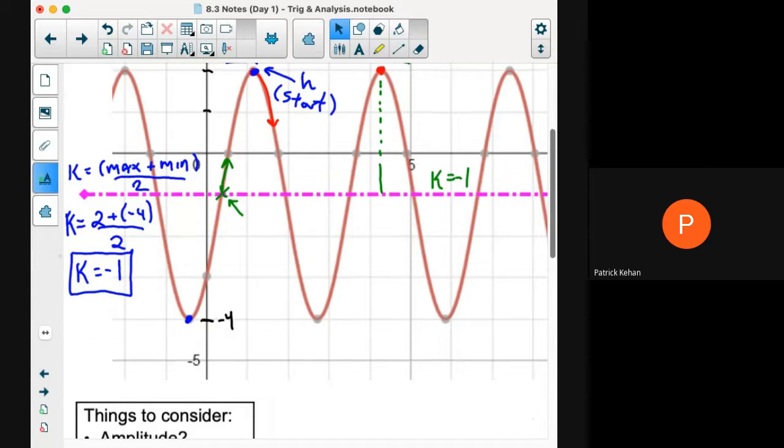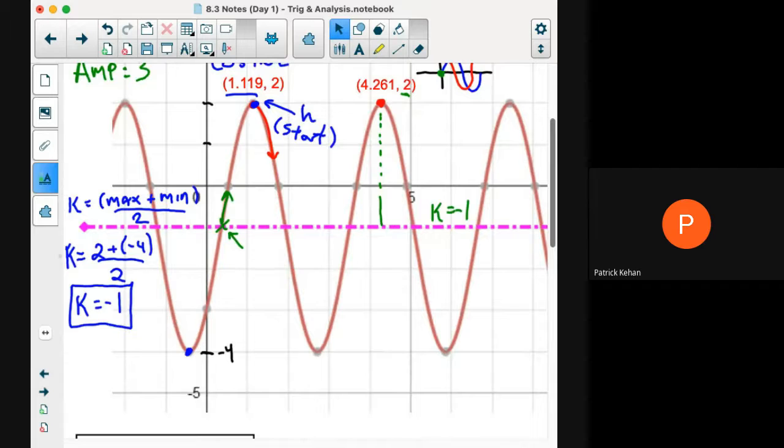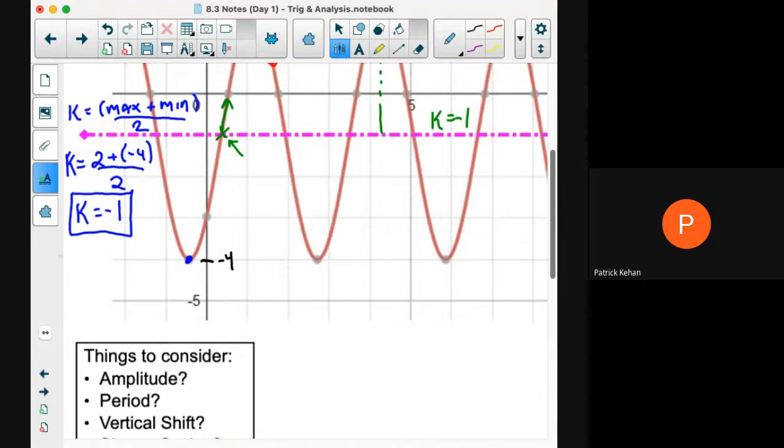The period is measured from the start of the wave to the end of the wave. So if we start our wave here, it makes sense to measure your period right here. You can use these two x values to do that, taking the difference between them to find our period.